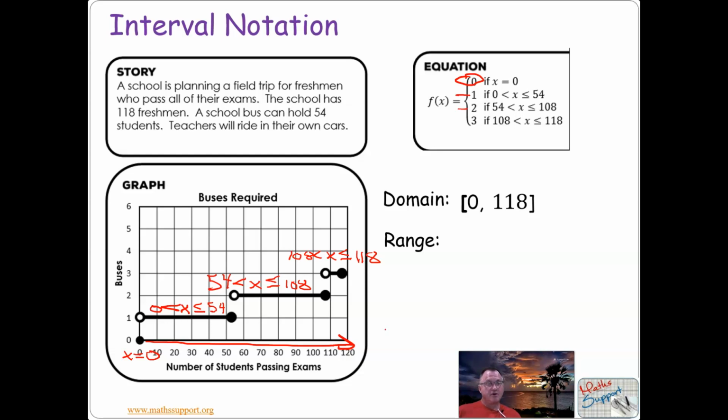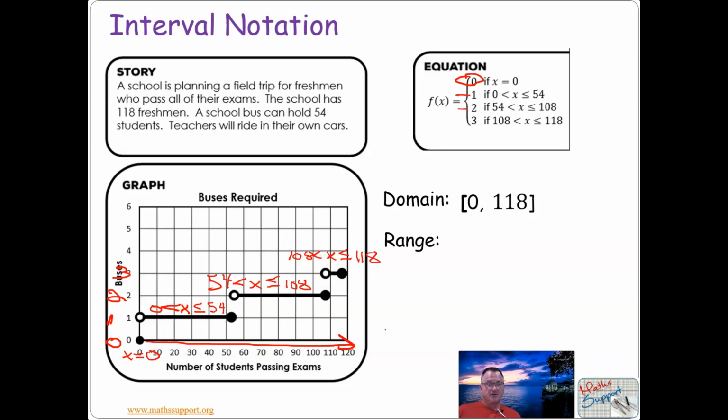All right, now our ranges. Well, 0 is included. If you're on this line, your y-coordinate is always 1 bus. If your x-coordinate is on this line, your y value is always 2. And if your x value ends up on this line, your y value is 3.